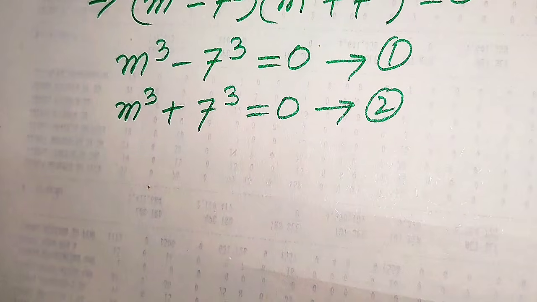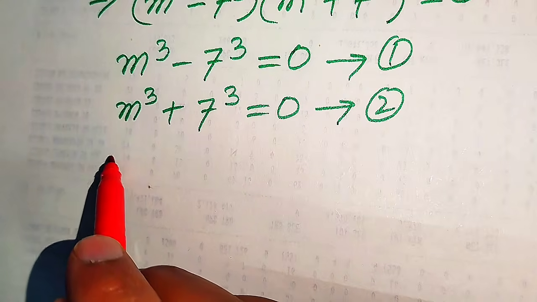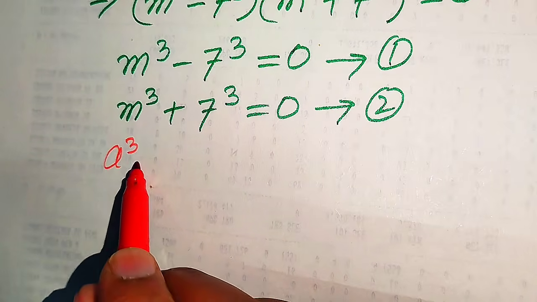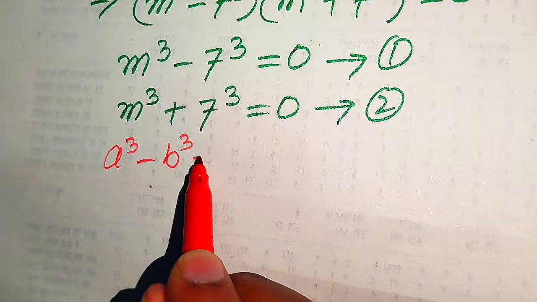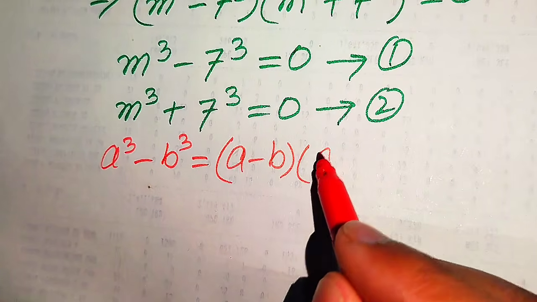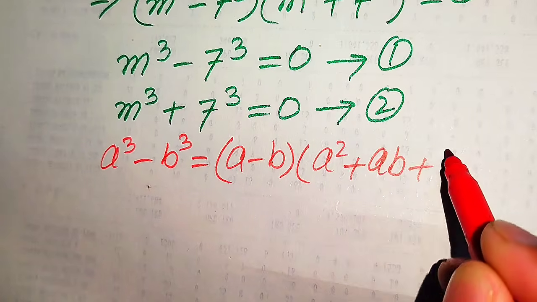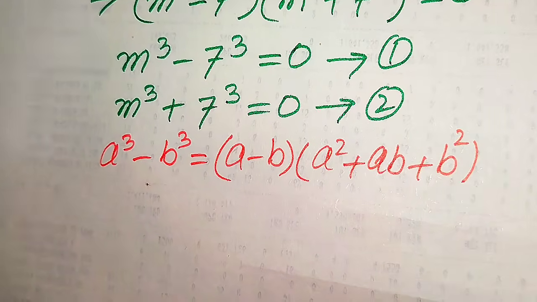First we need to focus on equation number 1, and in equation number 1 we use this nice cubic formula you know about: a cubed minus b cubed equals a minus b times a square plus ab plus b square.